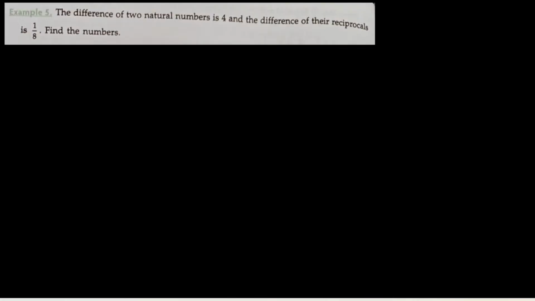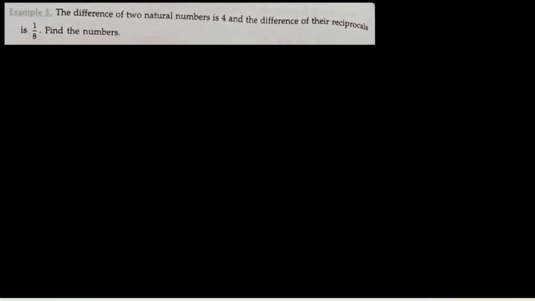Let's do the next question now. Question number 5. Till here, anyone any doubt? Are you able to understand?